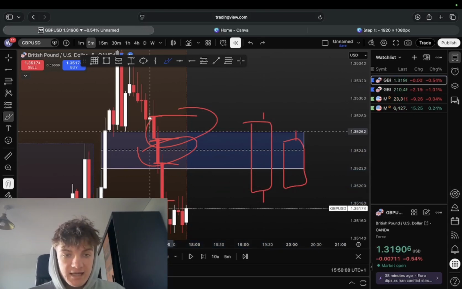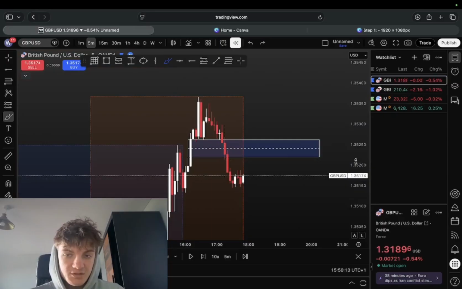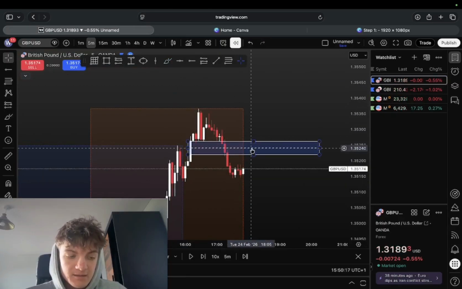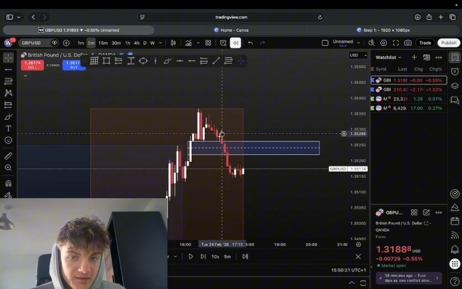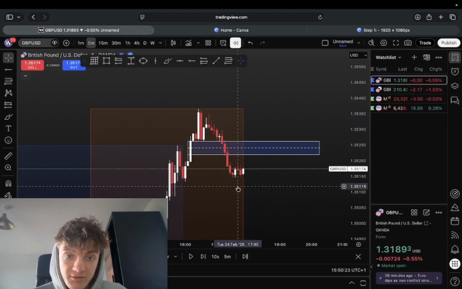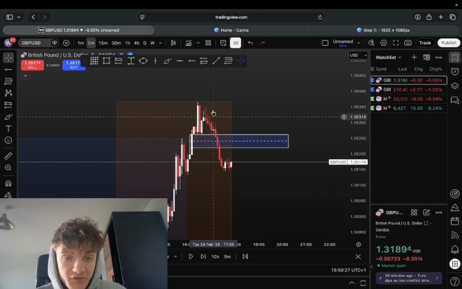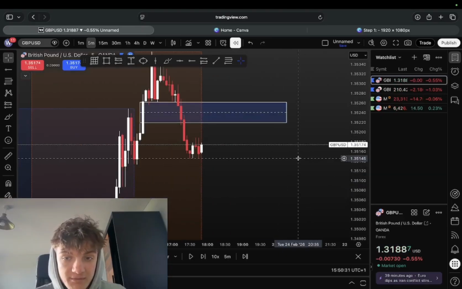This is us inversing this imbalance, which pretty much just gives us the change in order flow that has happened. Okay, this is a lot of buy orders. This is even more sell orders, giving us the continuation confluence, saying we're now in a downtrend. Are we going to confirm this downtrend?